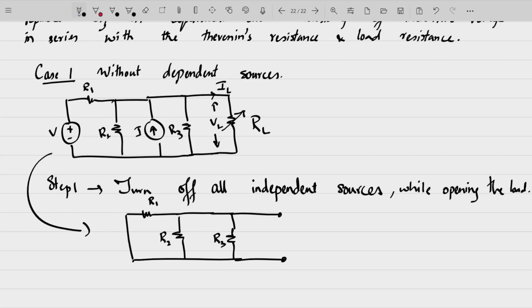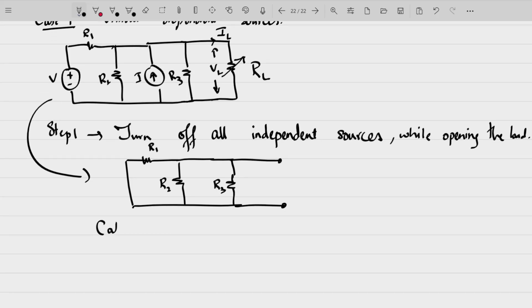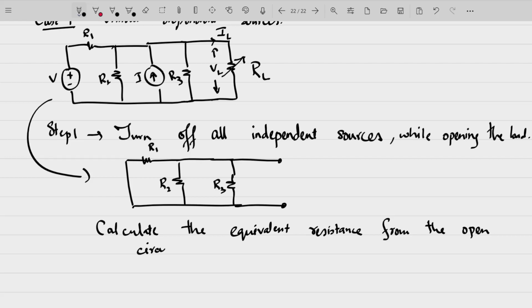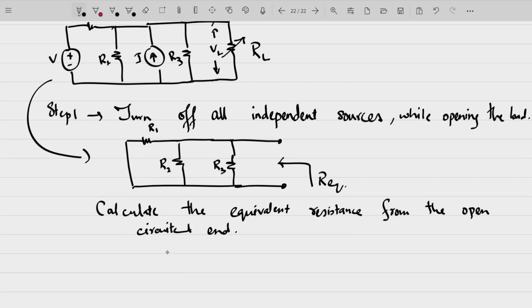With this in mind, calculate the equivalent resistance. From the open circuited end, look into this circuit and find R equivalent. Whatever value you get will be the Thevenin's resistance.